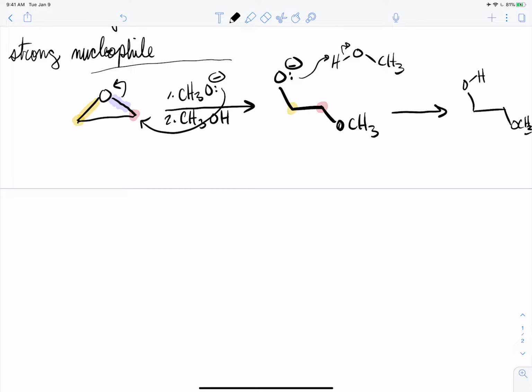So one thing to ask here, one thing that's unusual about this that should maybe unsettle you a little bit, is that normally this reaction wouldn't work.